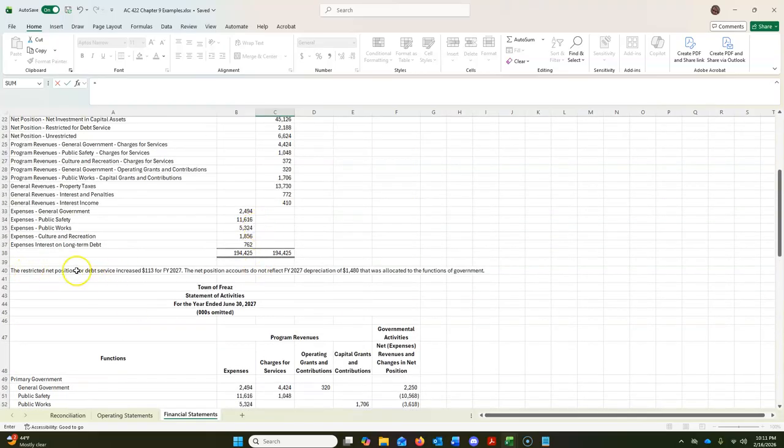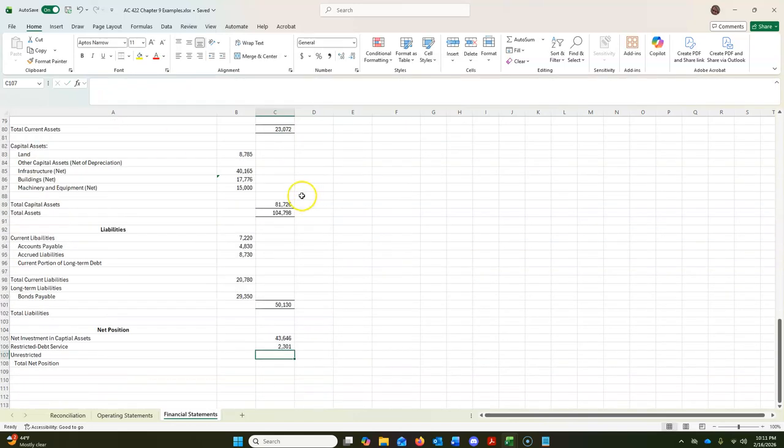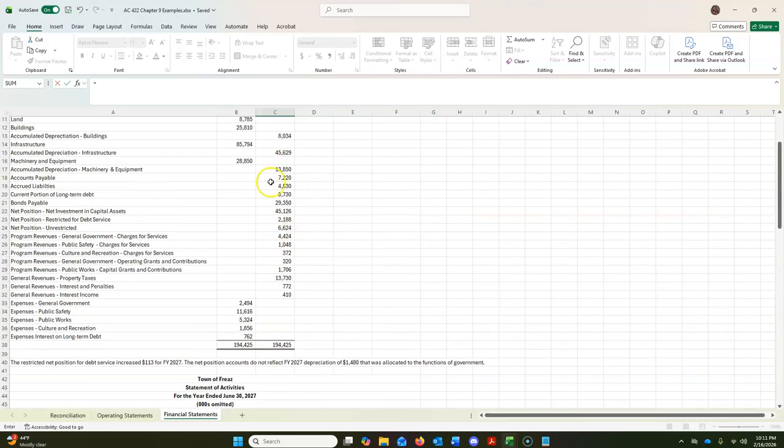So it says the restricted net position for debt service increased $113. So I'm going to take that 2,000 and then I'm going to add 113. And I know this is with zeros omitted, so they're actually much larger numbers, but it's just easier to say this. Okay. Then the unrestricted, we start with the beginning balance.